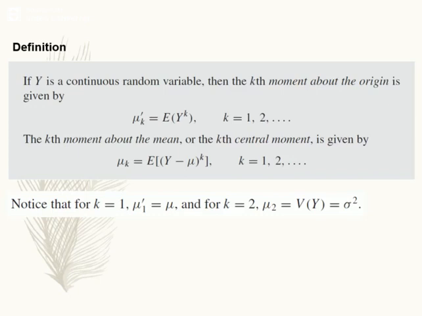So in this case, the kth moment about the origin is just the expected value of y to the power of k. And then the kth moment about the mean is this, which is exactly what you had in the discrete case. So when you hear the words moment of any type, it's the same thing that I'm asking you for.